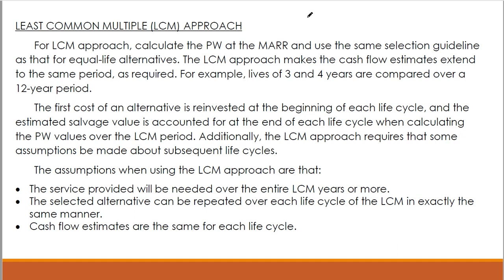Next is that the cash flow estimates are the same for each life cycle. Similar to the second assumption, our estimates are the same for each life cycle, which is unrealistic. Because the value of our money today is different.